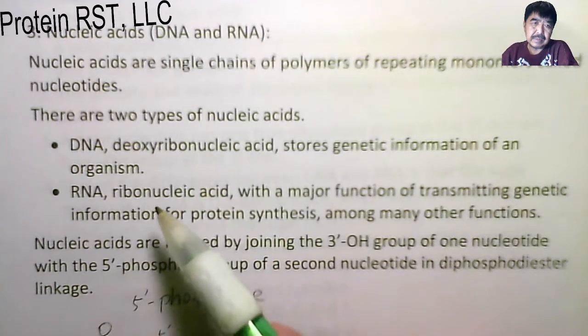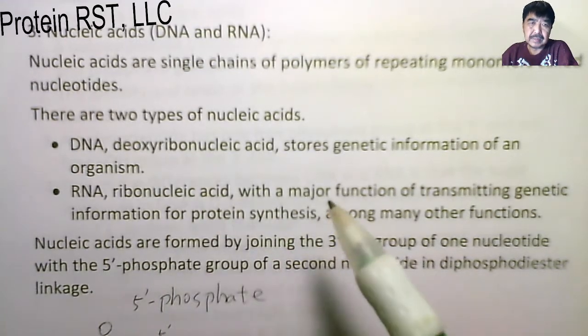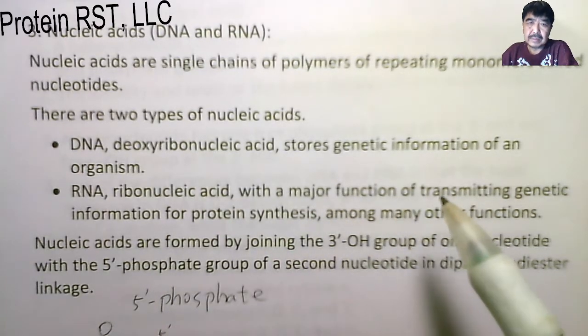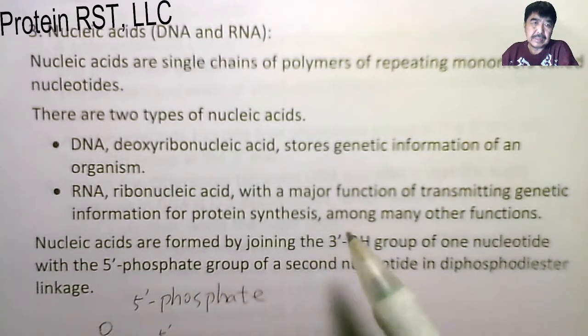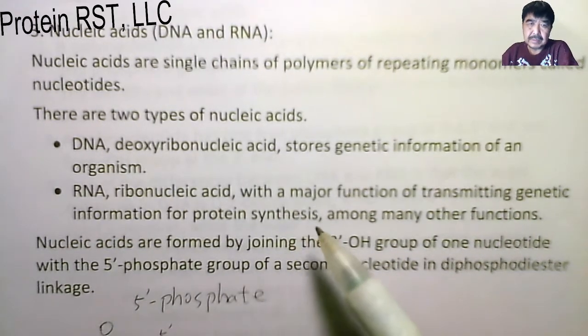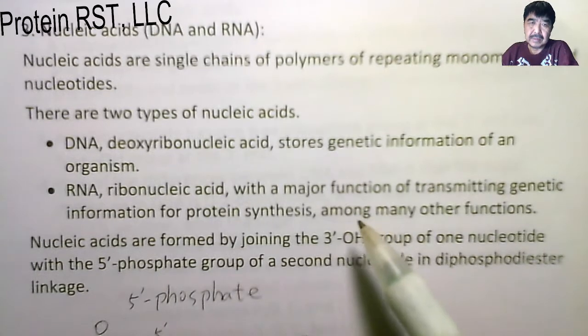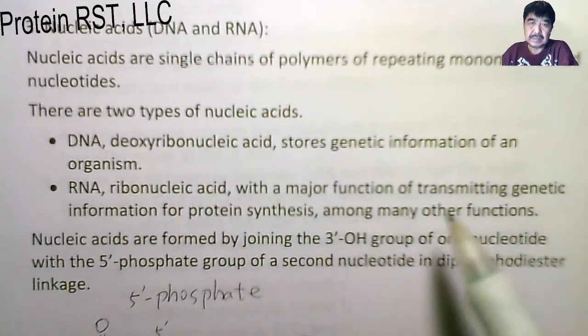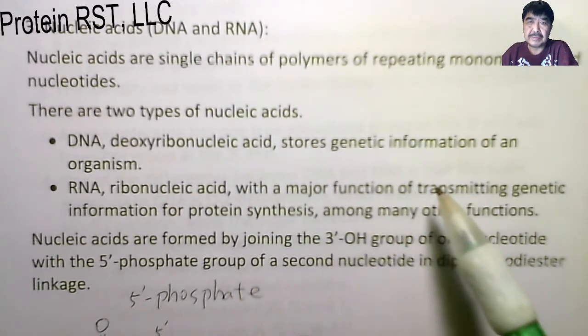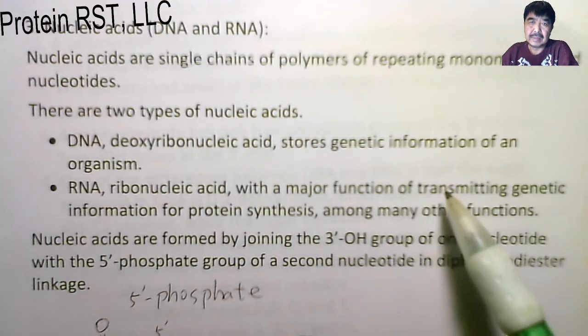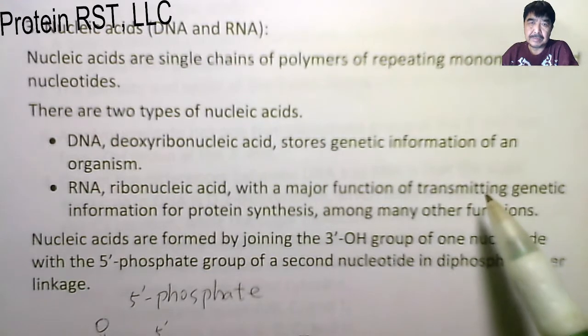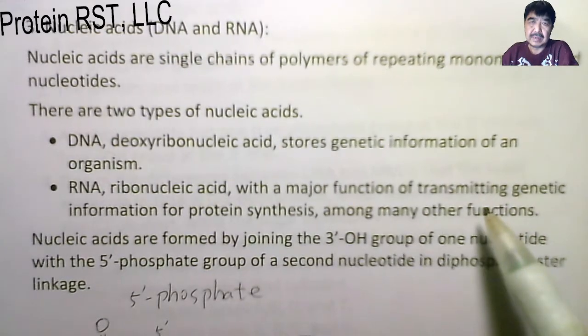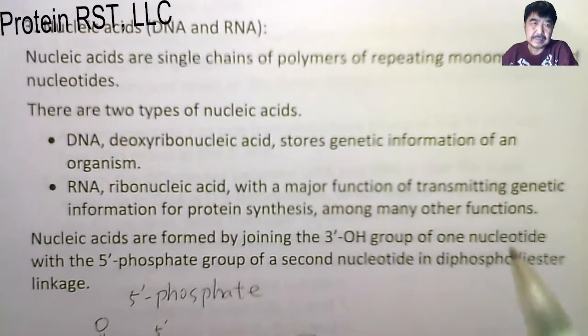The second one is called RNA, ribonucleic acid, with the major function of transmitting genetic information for protein synthesis, among many other functions. Other functions include ribosomes, enzymes catalyzing some chemical reactions, and microRNAs.